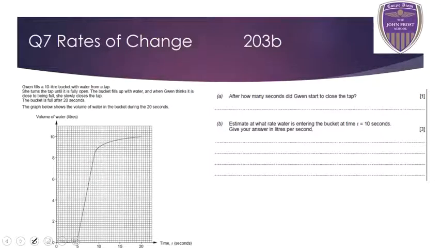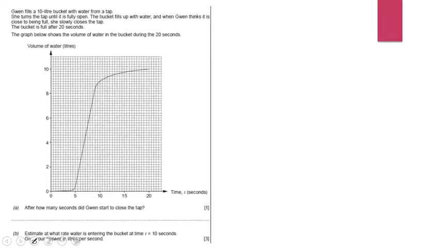So part A then, after how many seconds did Gwen start to close the tap? Well, she starts to close it slowly when she thinks it's full. So the first thing we look at is this part of the graph, where it's filling quite quickly. And then she must realize, because it changes here, that it's changing.